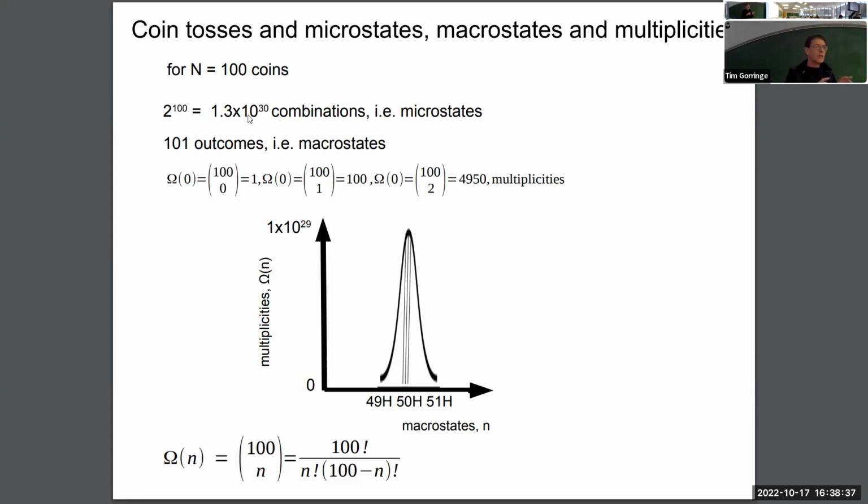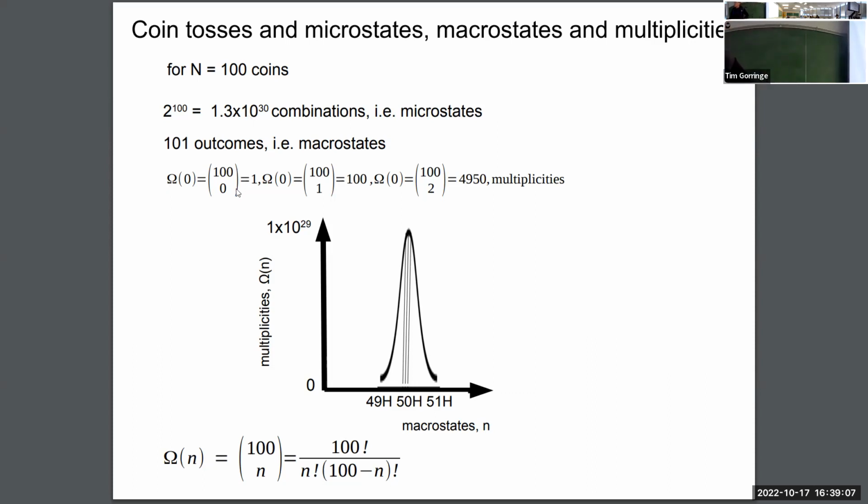If you were to look at the distribution of the multiplicities, the number of microstates per macrostate, you'd see a very strong peak in the multiplicities for the macrostates around half tails, half heads, around 50 heads, 50 tails.